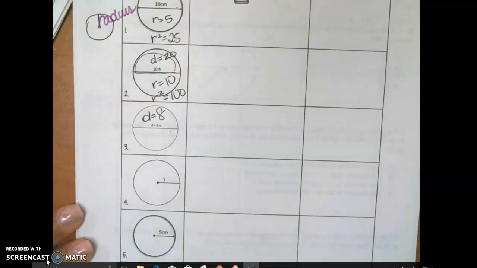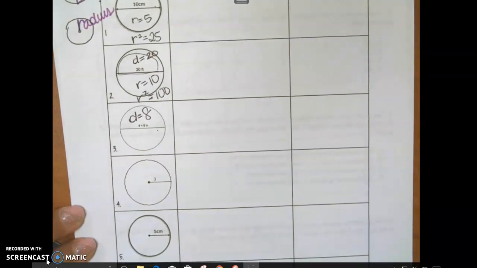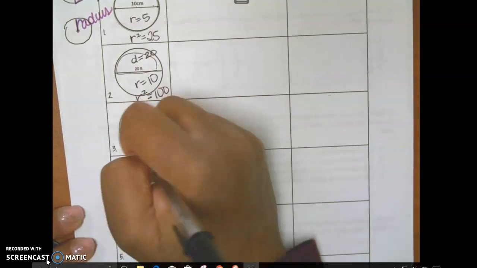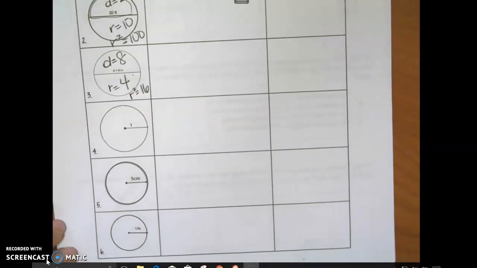Hold on, I still hear people talking. Yes, we've done that twice already. So what would half of this be? 4. What would this be squared then? 16. We are not squaring diameters. Cut it out.